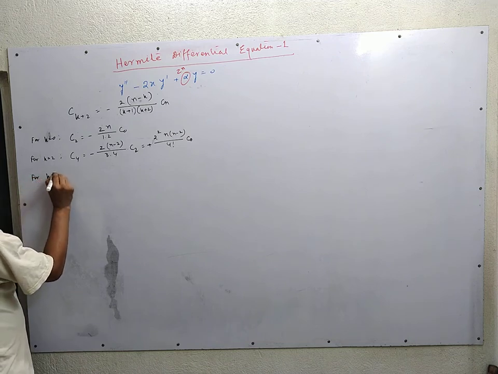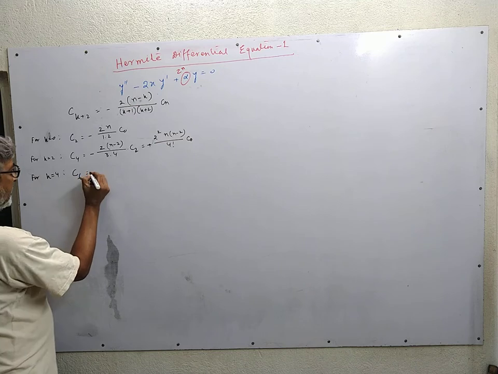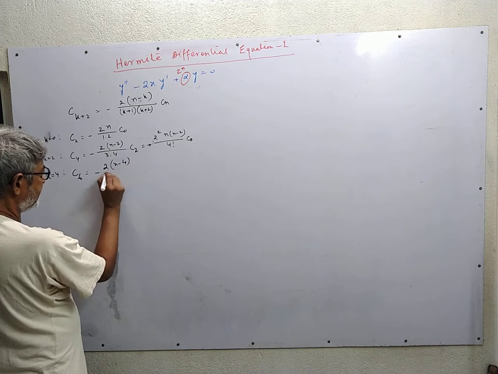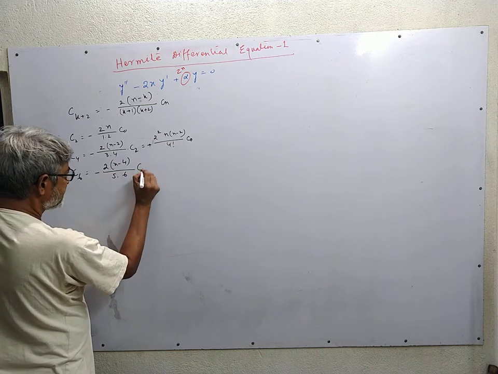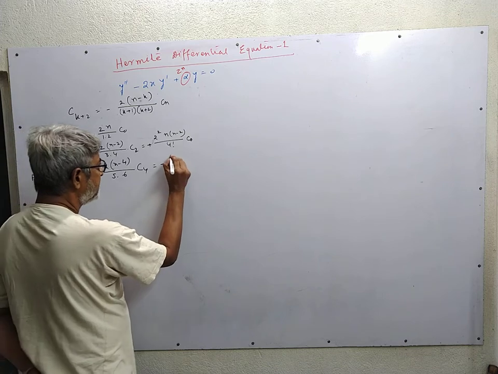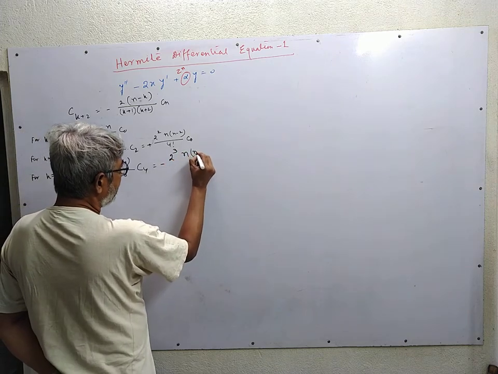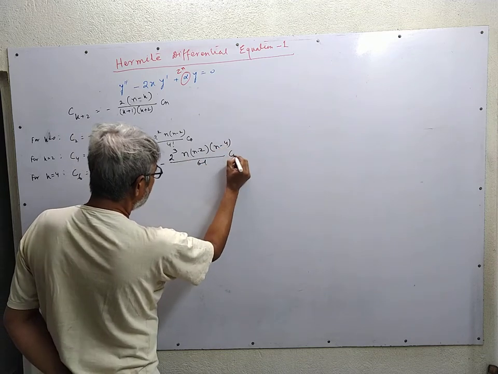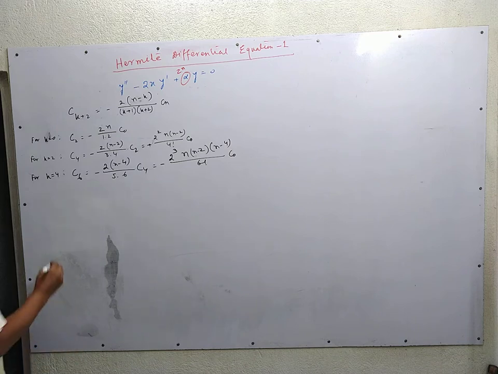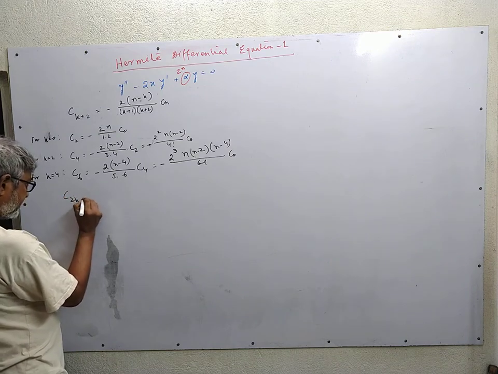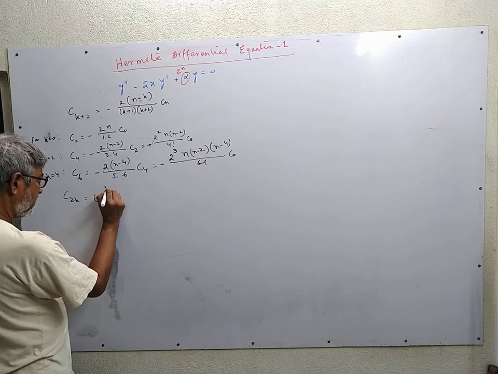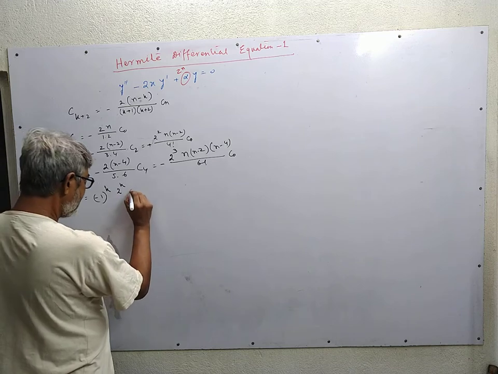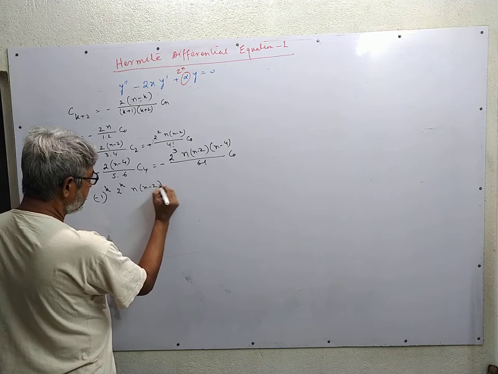For k equal to 4, C6 is equal to minus 2 times n minus 4 by 5 into 6, C4, which is minus 2 cube n into n minus 2 into n minus 4 by factorial 6, C0. So we can generalize C of 2k is equal to minus 1 to the power k, 2 to the power k, n into n minus 2 and so on.